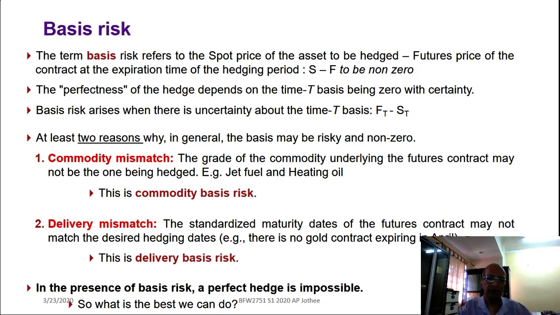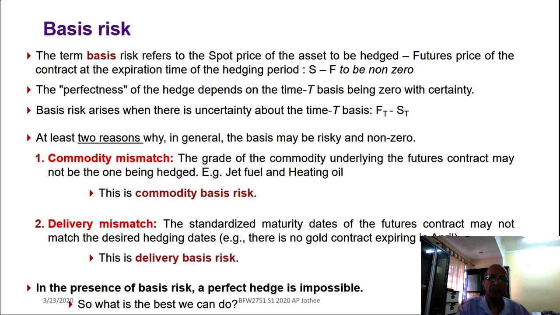Number one is the commodity mismatch, as I told you. You're using different commodities, a different underlying in the futures, to hedge a different physical underlying. For example, the grade of the commodity underlying in the futures contract may not be the one being hedged.